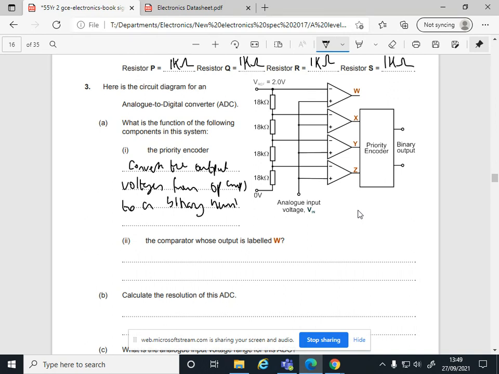And that's when we've looked at the logic, when we did it with logic gates and XOR gates and things like that. Okay. The comparator labeled W is an overflow indicator, but what actually does it do? It will indicate if the input voltage exceeds the reference voltage.